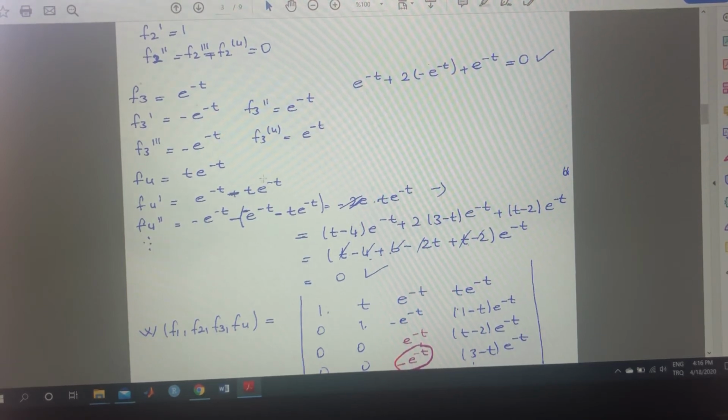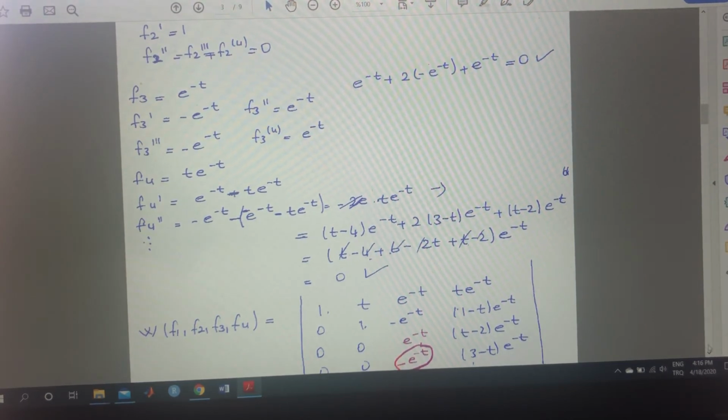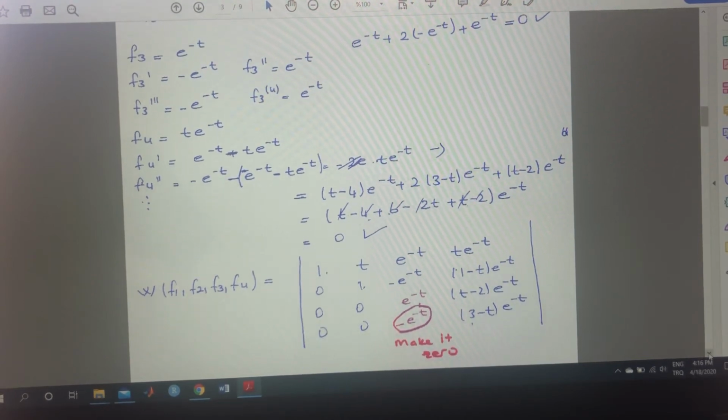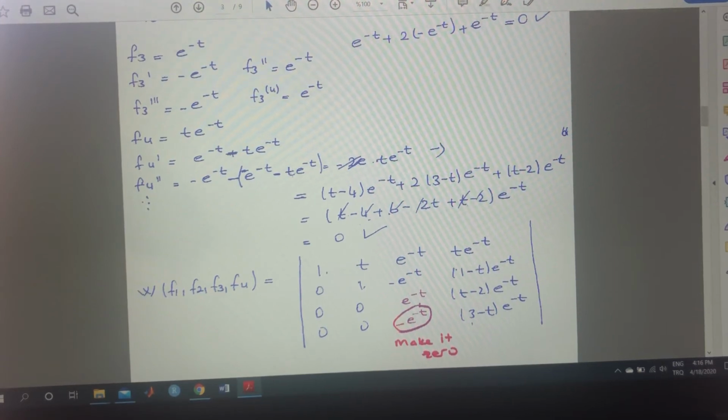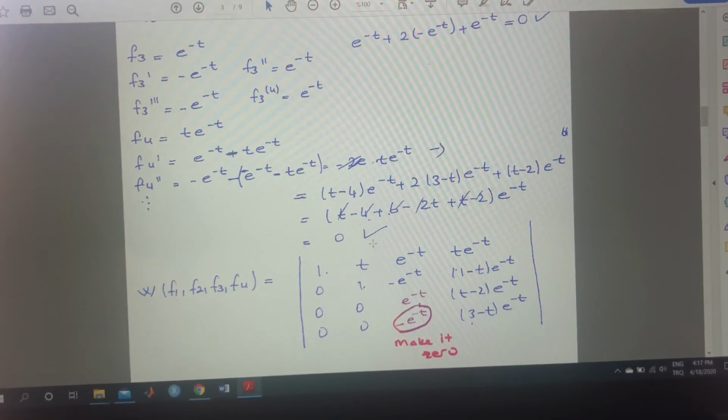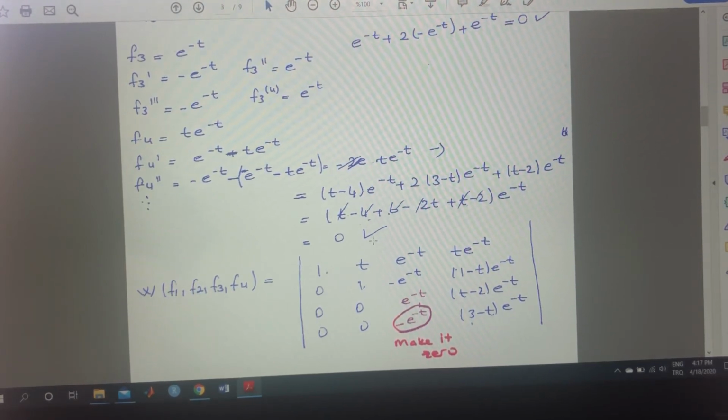And for that one, again, we are using the product rule. If you write that out for the second, third, and fourth, you can do that. And if you plug in, you will see that this is going to be 0. Make sure that you try this one at home. And we verify that these are the solutions. If that's the question, you can do that easily.